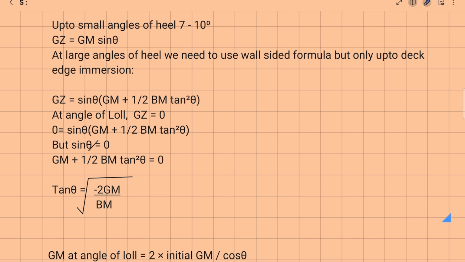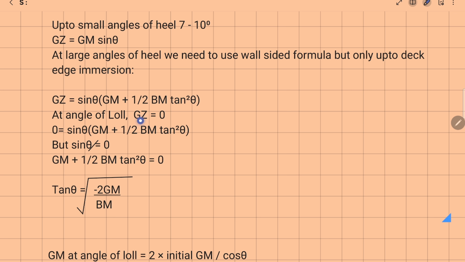This formula is also approximate and it will be accurate only up to the point that the deck edge emerges. Up to that point, the wall-sided formula can be used, which is GZ equals sin theta times (GM plus half BM tan square theta).